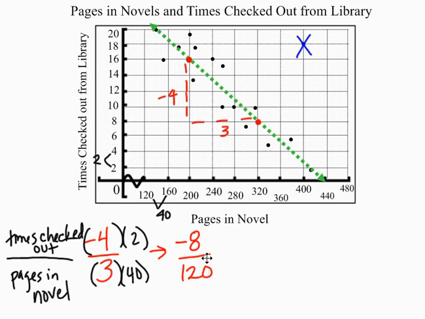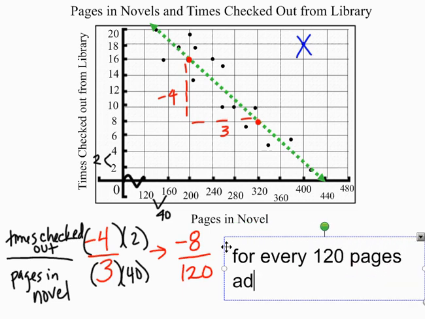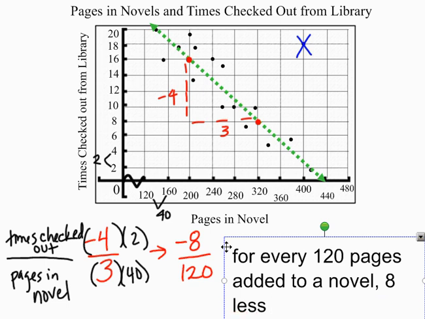So if we have to explain what this means, all we would have to do is say for every 120 pages in a novel, 8 fewer people will check it out. So let's write that up. For every 120 pages added to a novel, 8 fewer people will check it out.